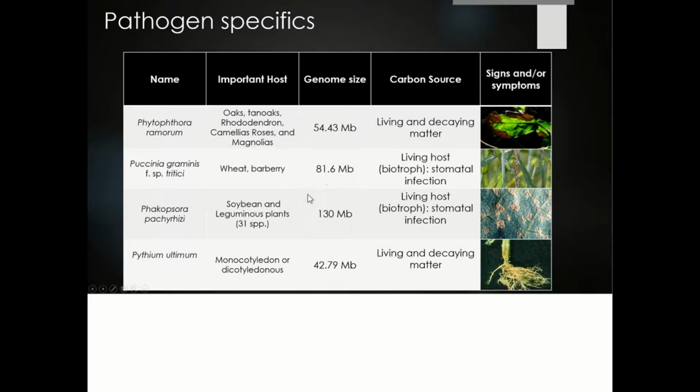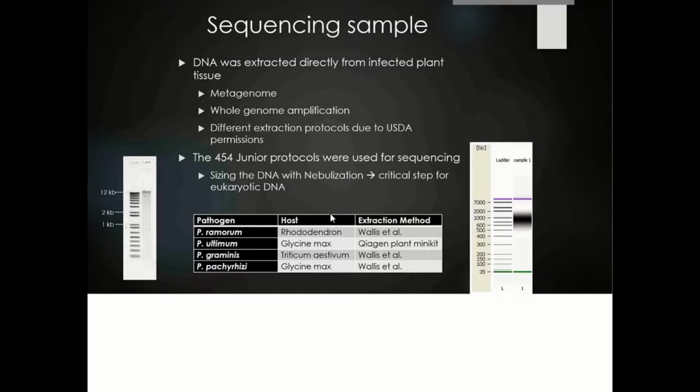But all of them are fully sequenced, and specifically for Phakopsora pachyrhizi, since there wasn't a whole genome available, we used expressed sequence tags for eProbe development. So this one might show different results after all because of that.